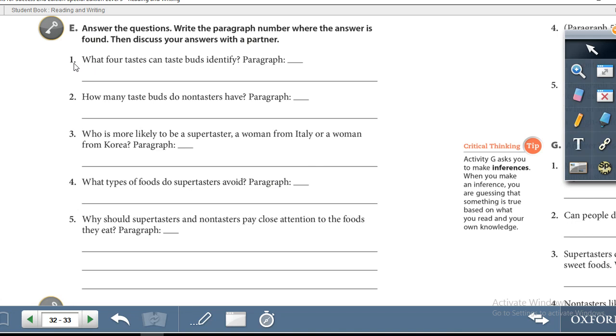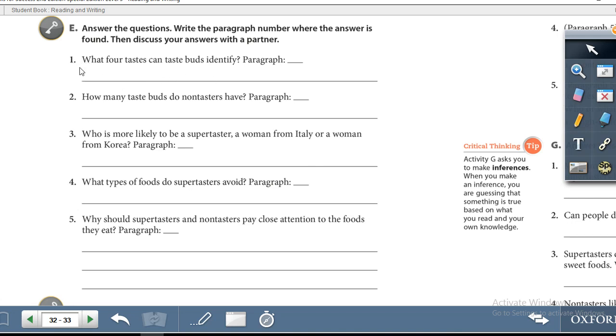So let's look at number 1. Number 1 says, what 4 tastes can taste buds identify? So you are going to look at the paragraph that talks about taste buds, and you are going to write the paragraph number here, and then write your answer over here.